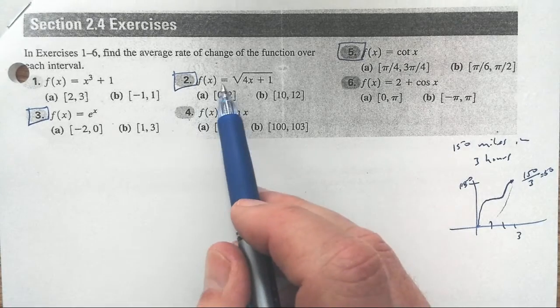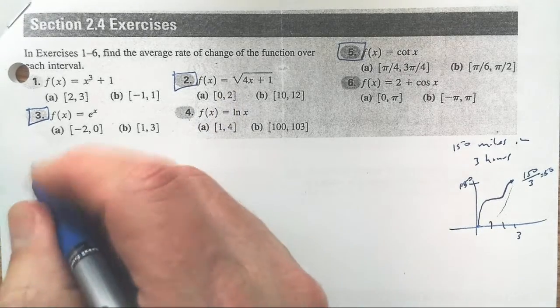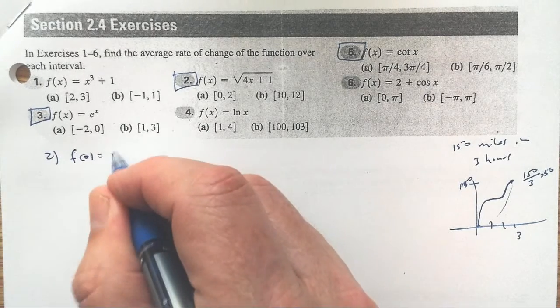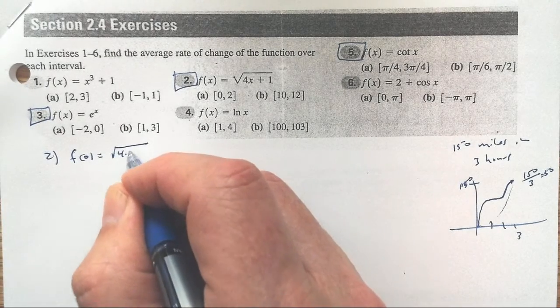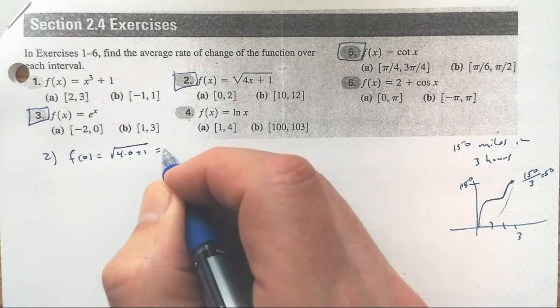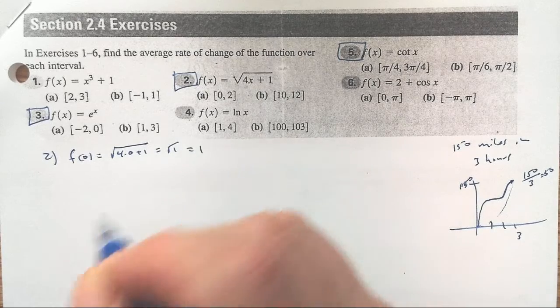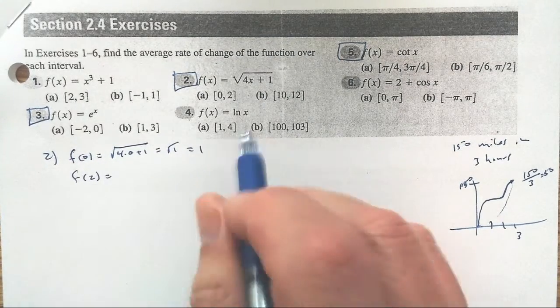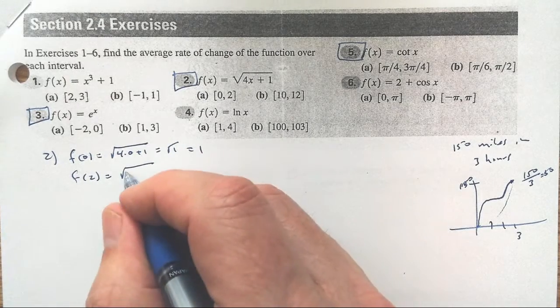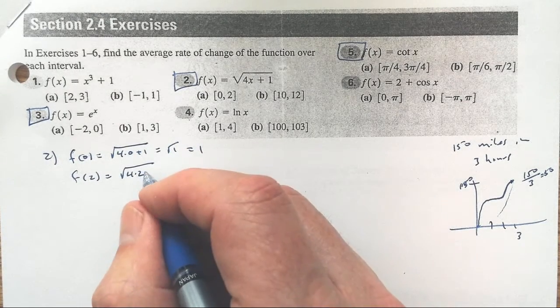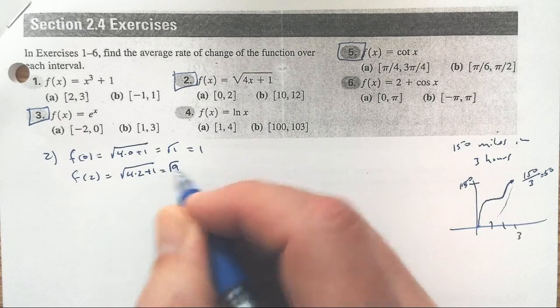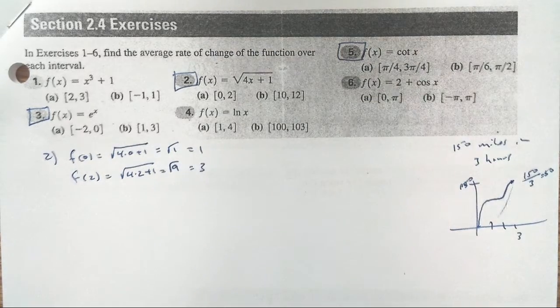So let's take a look. I want to put 0 in, number 2. I want f of 0, which is square root of 4 times 0 plus 1, or square root of 1, or just 1. And then f of 2, I get square root of 4 times 2 plus 1, square root of 9, I get 3.